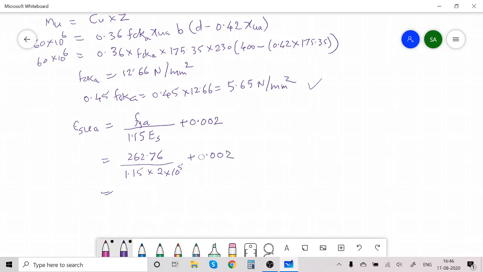So this is equal to, after calculation, you will get 0.00314. No unit for that, because this is the strain. So actual strain in steel is 0.00314. Now, actual strain in concrete you can find by similar triangle.